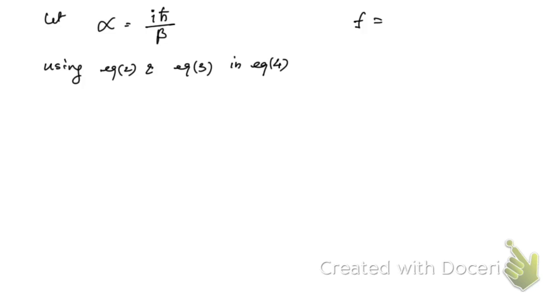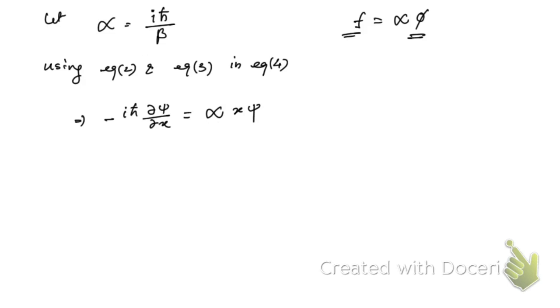F is equal to alpha phi, that was the equation, and in equation number 2 we have f is equal to minus i h cut del phi by del x, and phi is nothing but x psi. Now we can replace this alpha by this value.